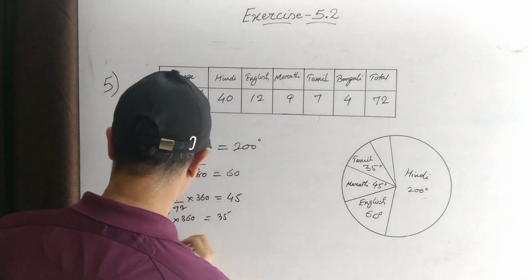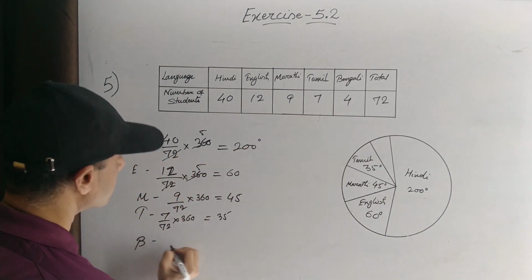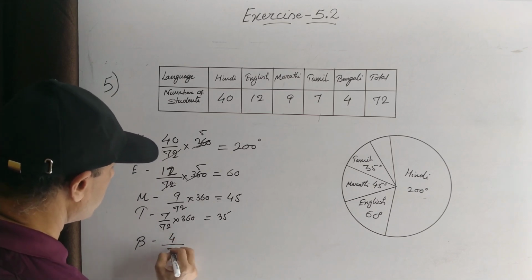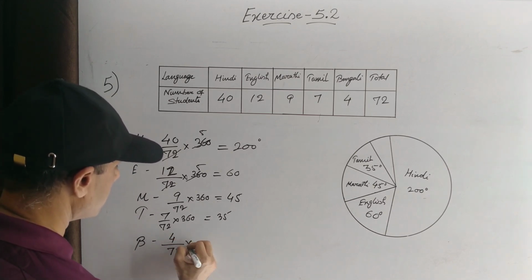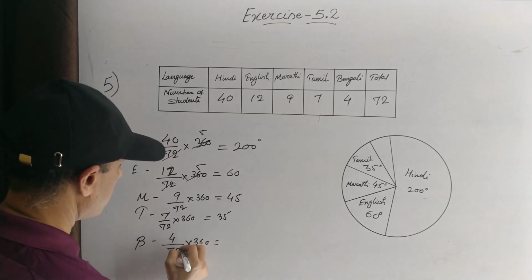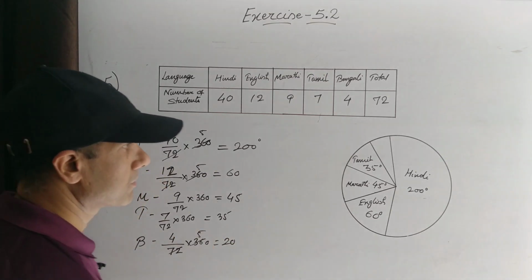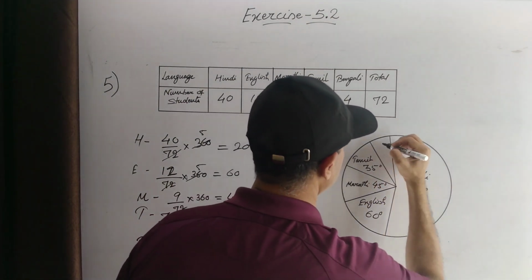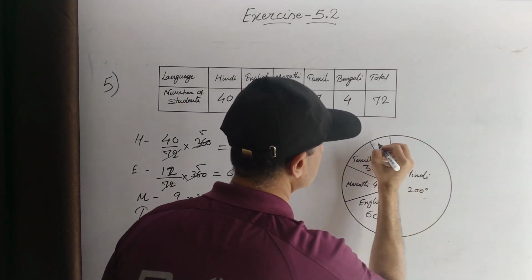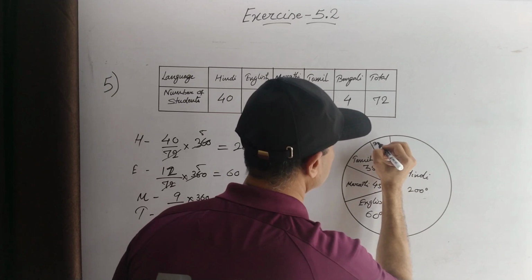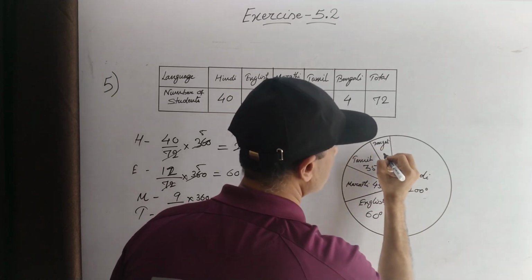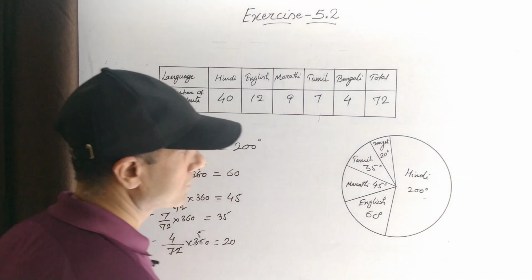Then the last one, Bengali. 4 out of 72 speak Bengali. This will be 20. So this will be Bengali, and this angle will be 20 degrees.